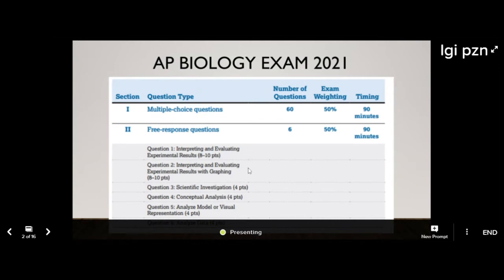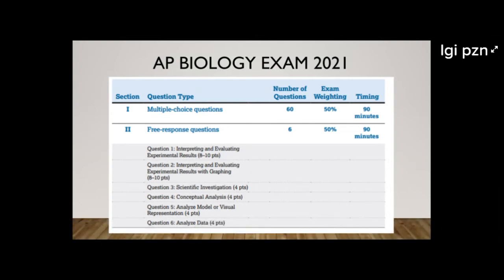Those are the ones that are worth the most points, and they're almost always going to be about some sort of a graph that they want you to interpret, or some kind of data or experimental design. Sometimes they'll give you a question and a situation and ask you to design an experiment, right? Or sometimes they'll give you a graph and experiment and ask you to analyze it, right? So that's generally what question 1 and 2 are about.